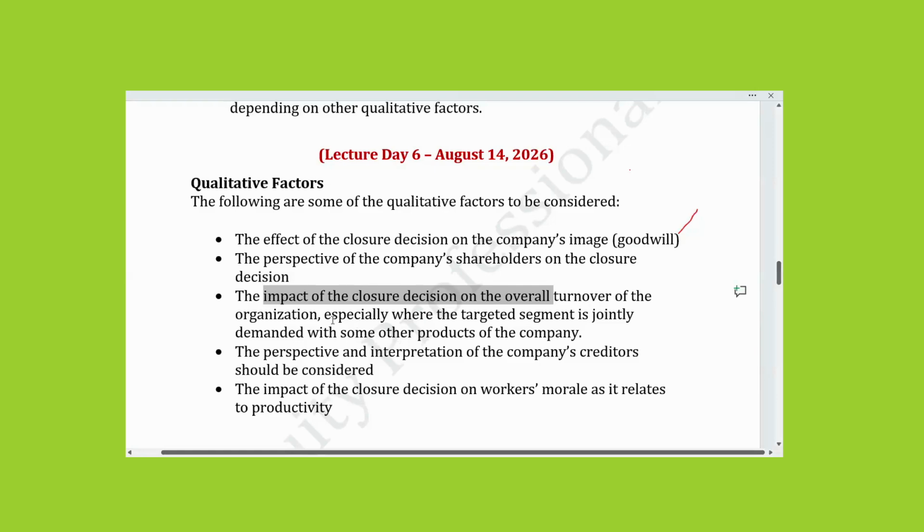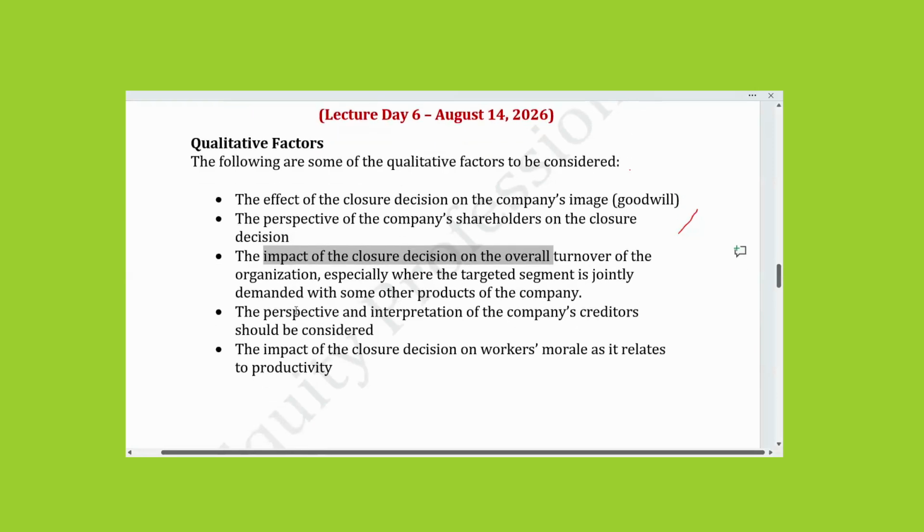Okay. Next, what will be the reaction, and also the perspective of the reaction as well as the interpretation of the closure decision, of the company's creditors? You never can tell. It may well be that it is the creditor that has lent the money.